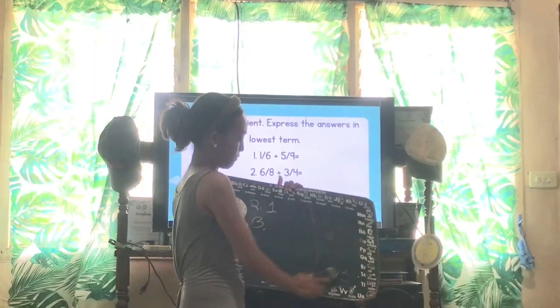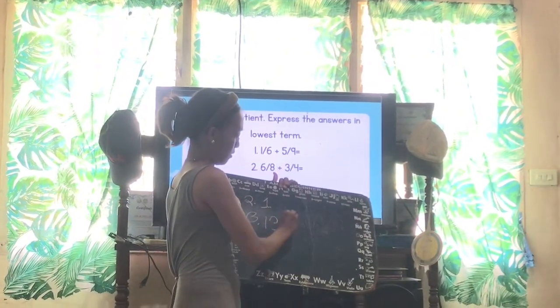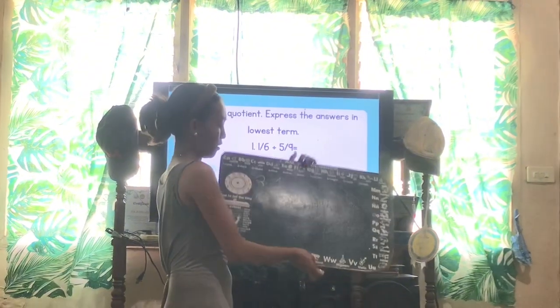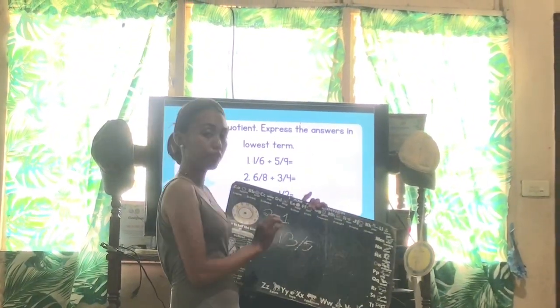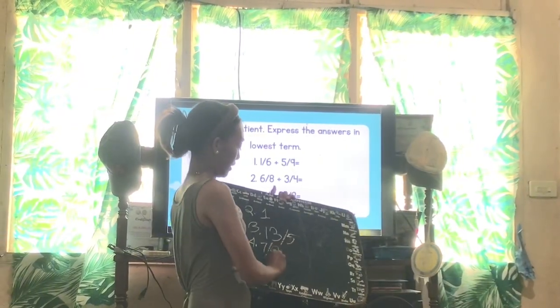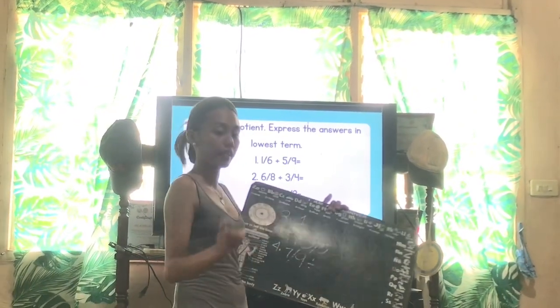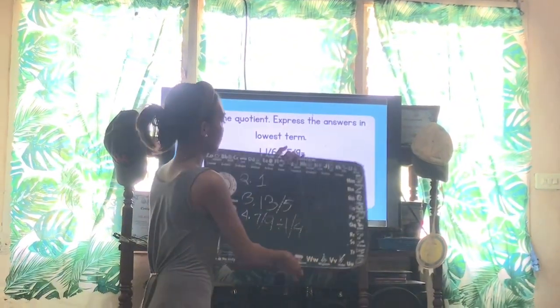So let's have a last task. So number 4. Our numerator is 7 and our denominator is 9, divided into 1 and 4.